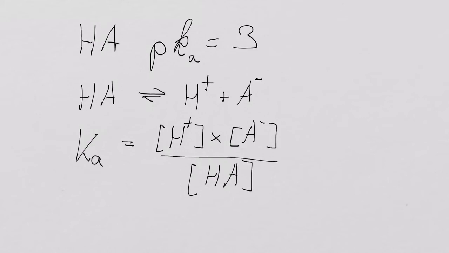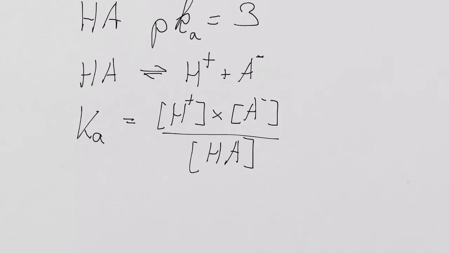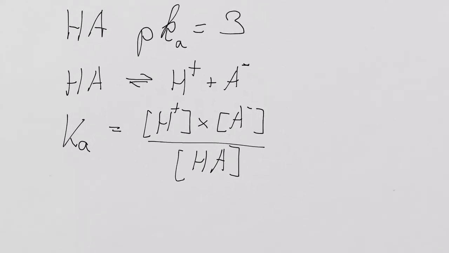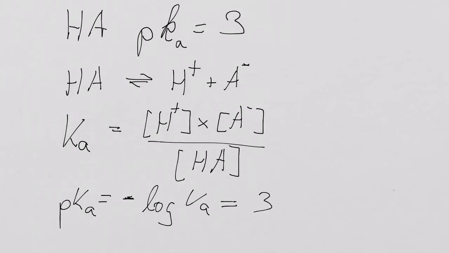And in this particular case, we can say pKa equals minus log Ka. We can even figure out what Ka is. We know that minus log Ka equals 3. That's our pKa.